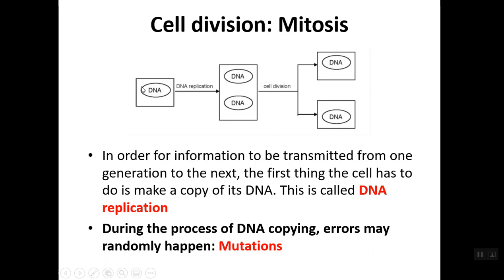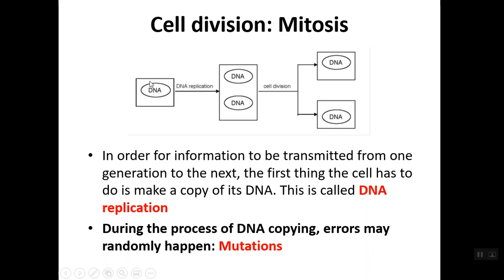Of course, if you have a cell that wants to replicate, with a certain repertoire of chromosomes, we call it DNA. Here there are not even chromosomes represented, it's just the DNA acronym.